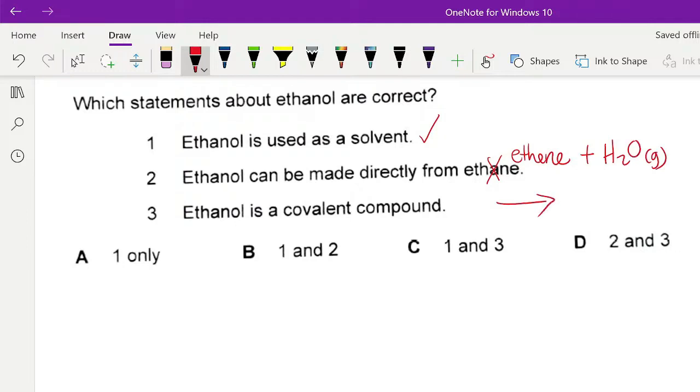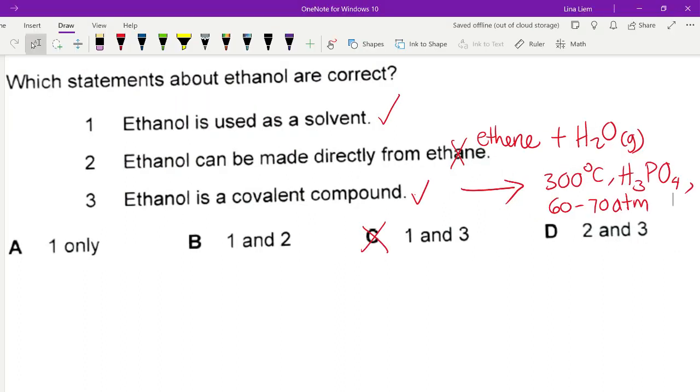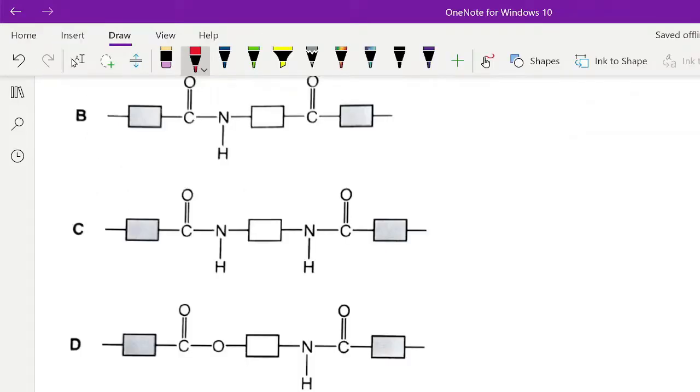The conditions are 300 degrees Celsius, the presence of acid, usually phosphoric acid, and 60 to 70 atm of pressure. Ethanol is a covalent compound, so 1 and 3 are correct.